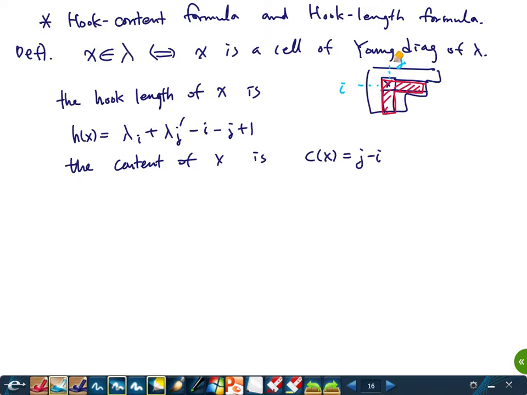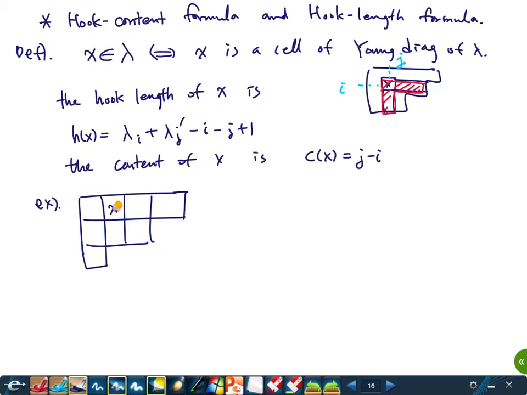So for instance, X is here. What is the hook length? You count the number of boxes: 1, 2, 3, 4. So it's going to be 4.